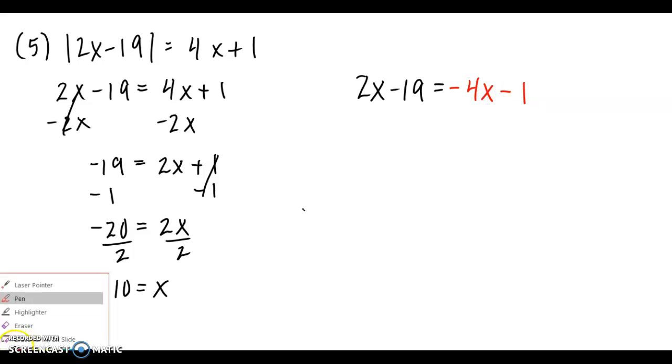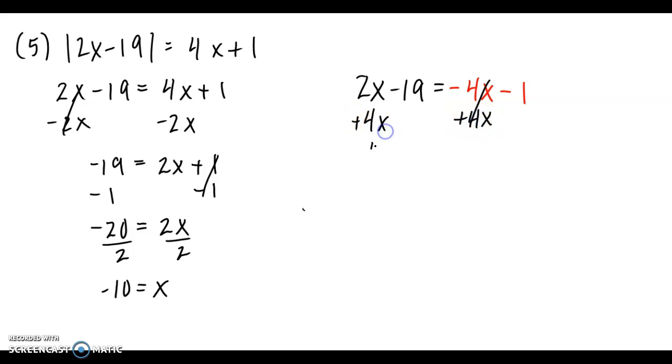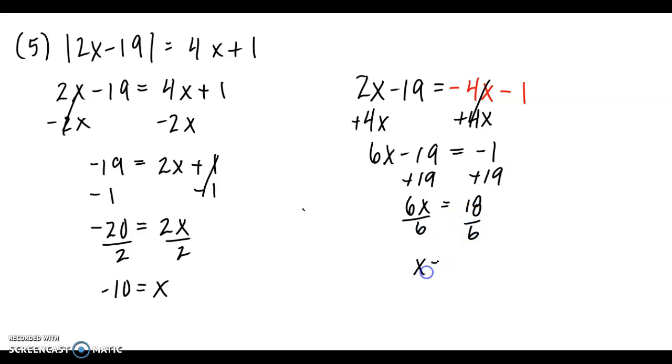So some of you were making the 4x negative, but you didn't change the 1. So now I'm going to add 4x to both sides. I get 6x minus 19 is equal to -1. Add 19. I get 6x is equal to 18. Divide by 6, and I get x is equal to 3.